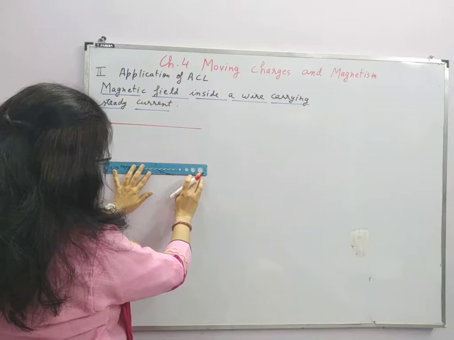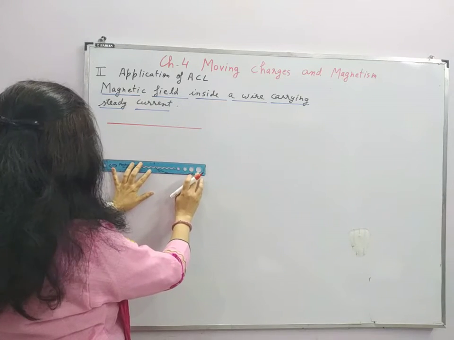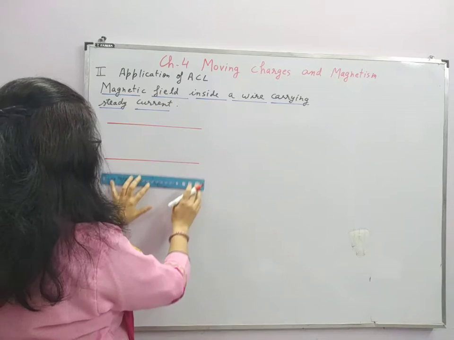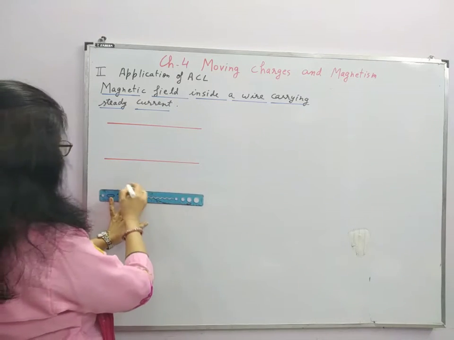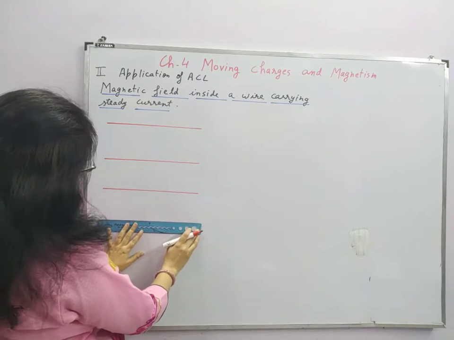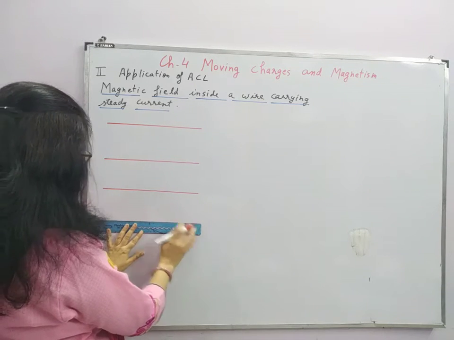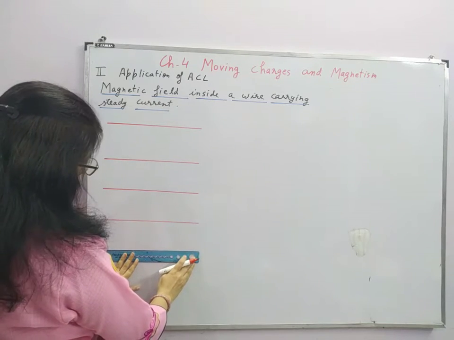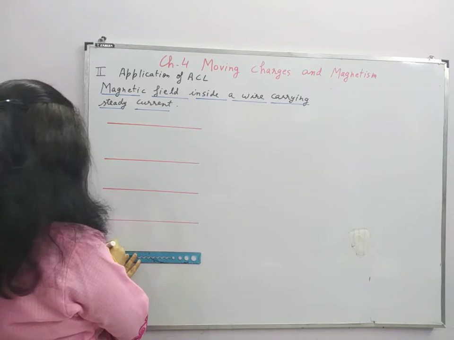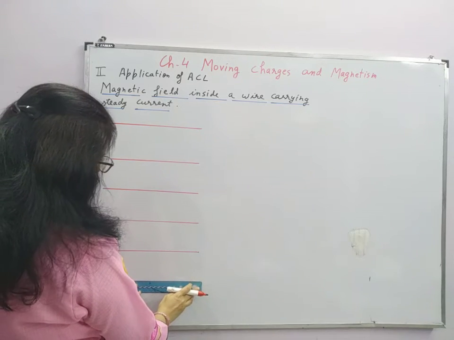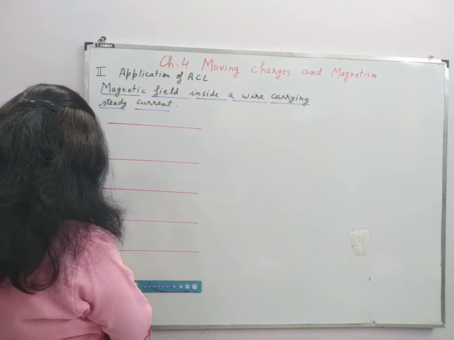If I'm considering this diagram for the first case, that is inside the wire. The second diagram I am considering for the magnetic field at the surface of the wire, and the third diagram I am considering for the magnetic field outside the wire.